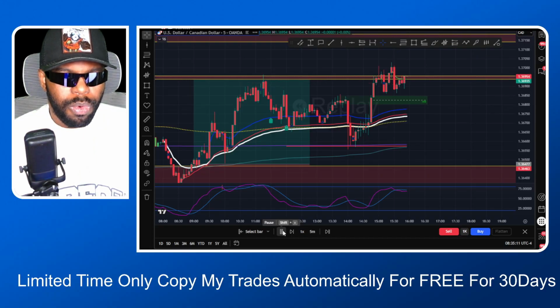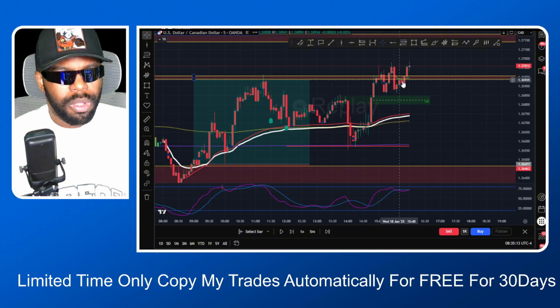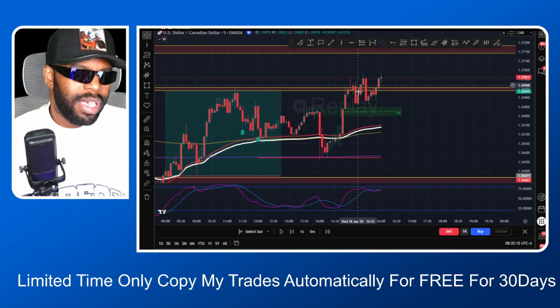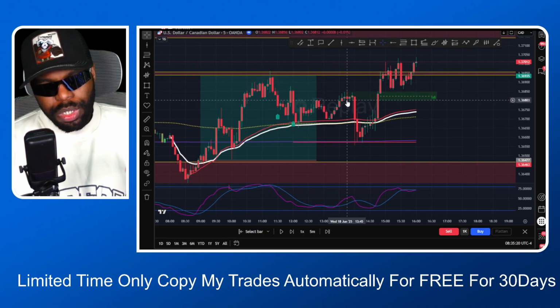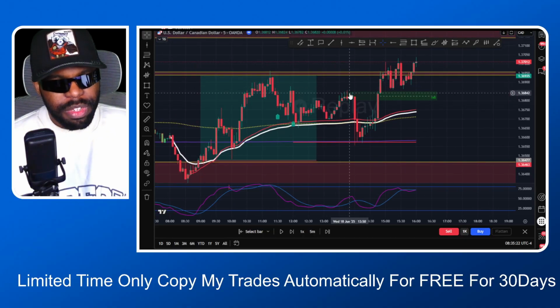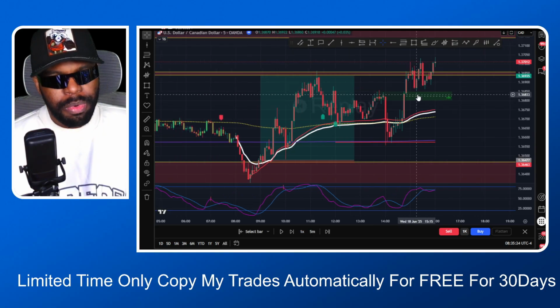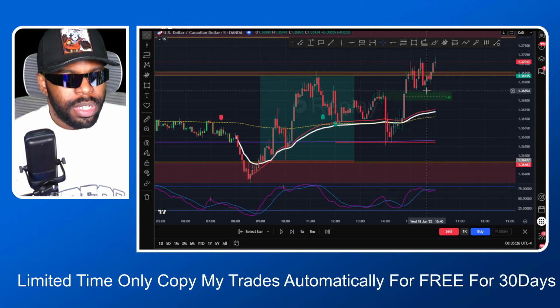Okay. So what I would have done, I would have manually closed out of this trade because the session is about to end. So yeah, this was the trade that you could have taken on the previous Friday, and this is a textbook trade. This is what I do on a daily basis.